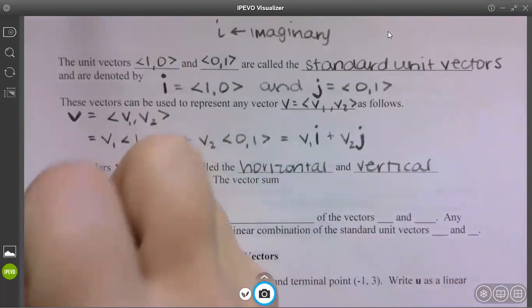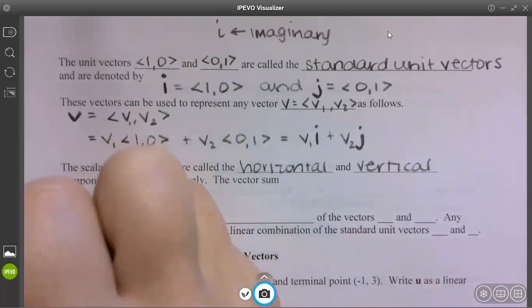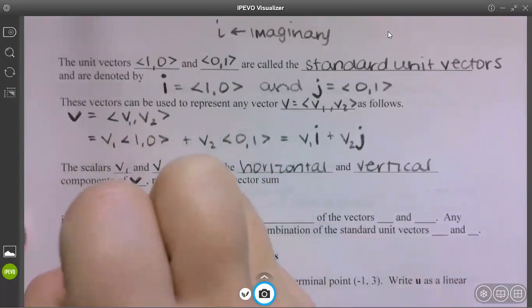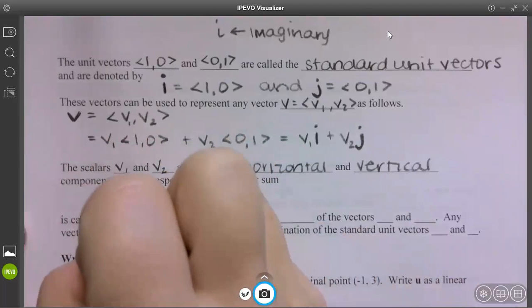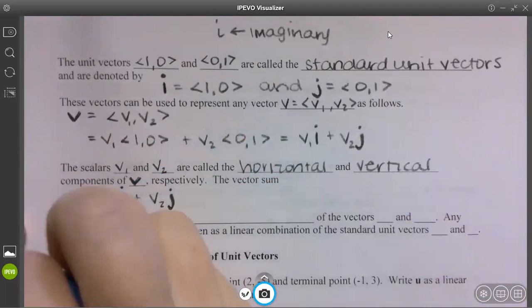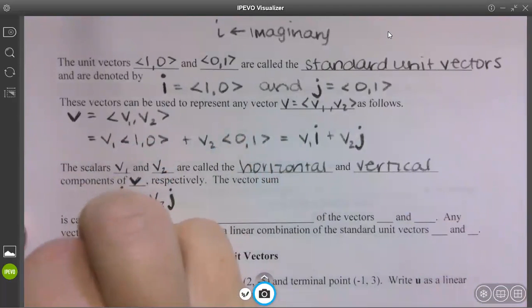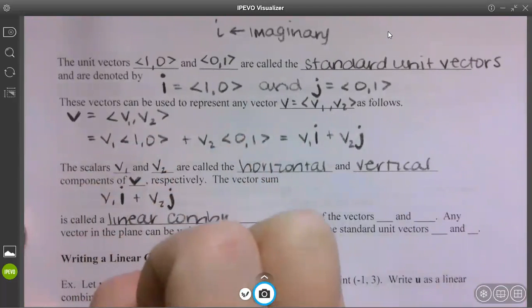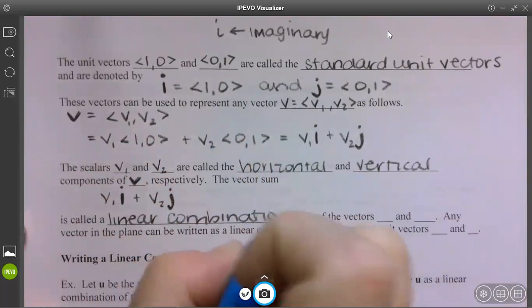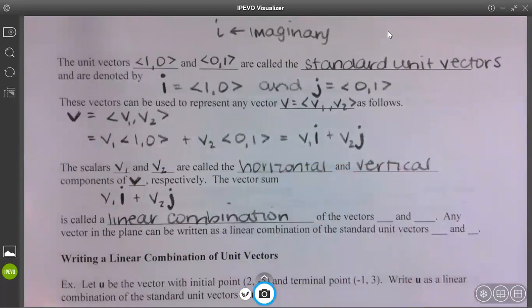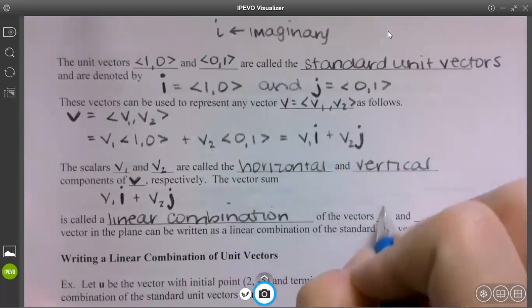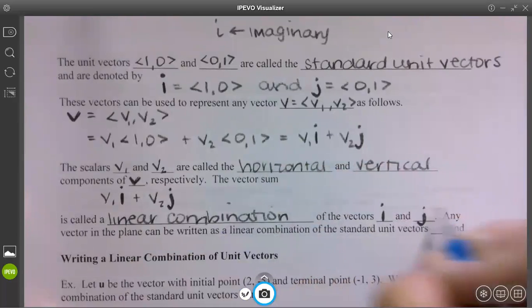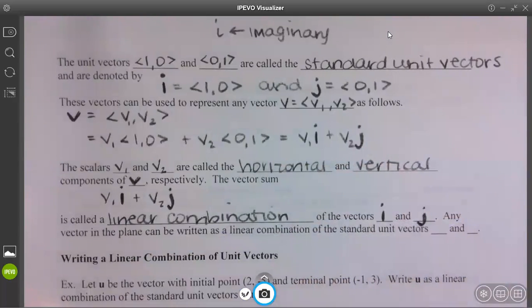The vector sum V1 i plus V2 j is called a linear combination. It's a linear combination of the vectors i and j. Any vector in the plane can be written as a linear combination of the standard vectors i and j.